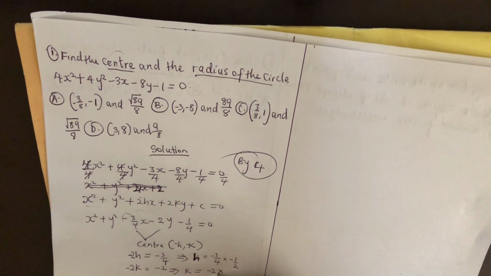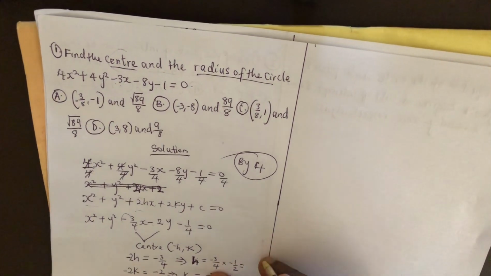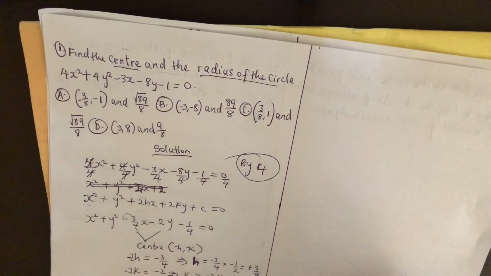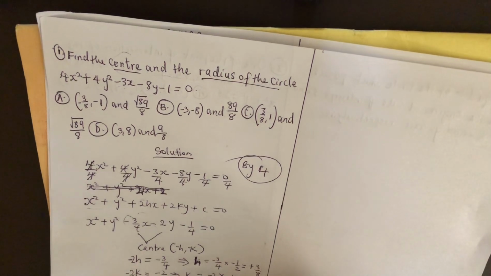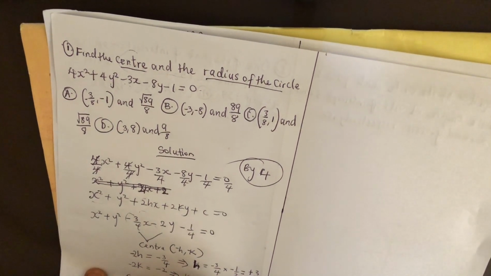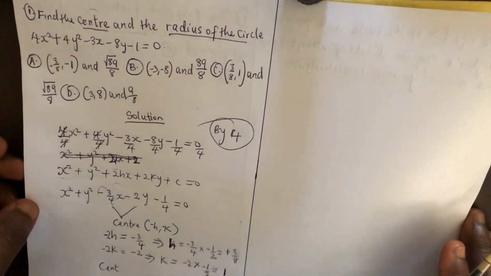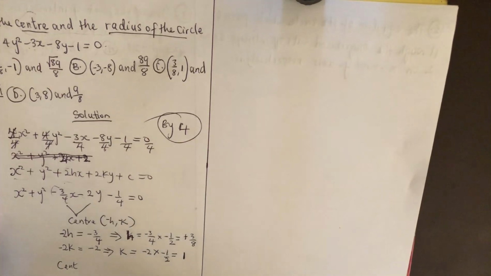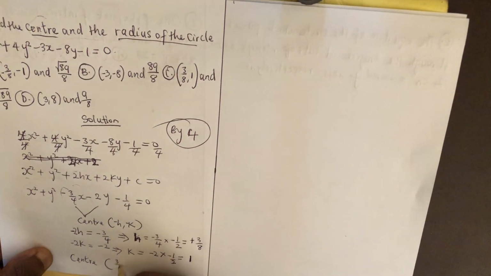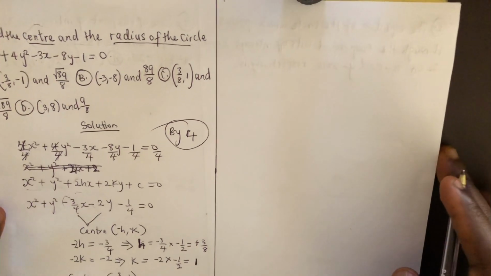So if you multiply here by minus 1 over 2, we have plus 3 over 8, right? Now if you do likewise here, you have plus 1. So we have gotten our center. Our center is now going to be 3 over 8 and 1.